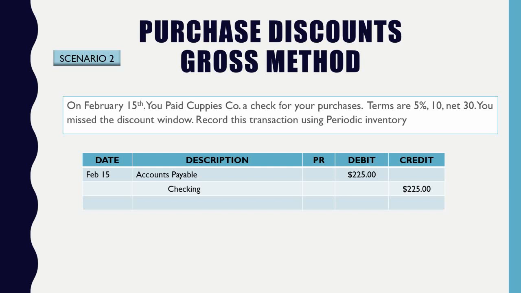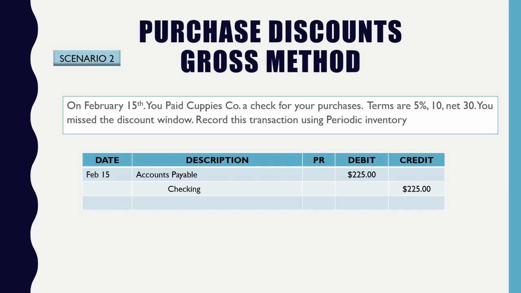Once you journalize that you have your inventory items and you owe another company money, terms only apply when you make a payment on the bill. Okay, so don't get confused here.